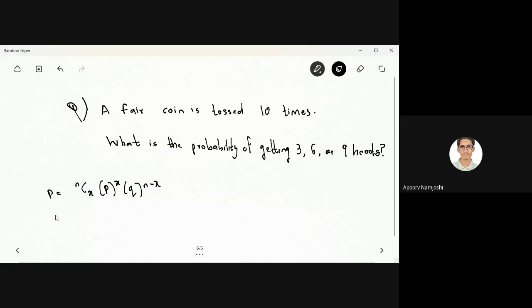So you get 10 trials in total, probability of heads is 0.5, and 3 heads, plus the same for 6 heads and 9 heads.